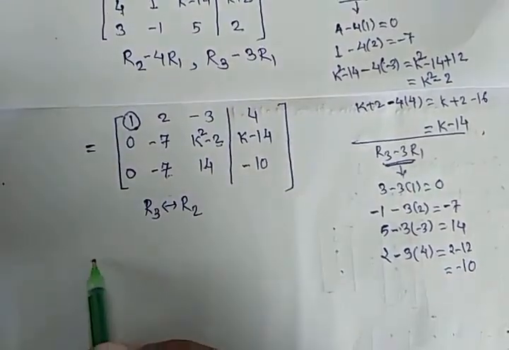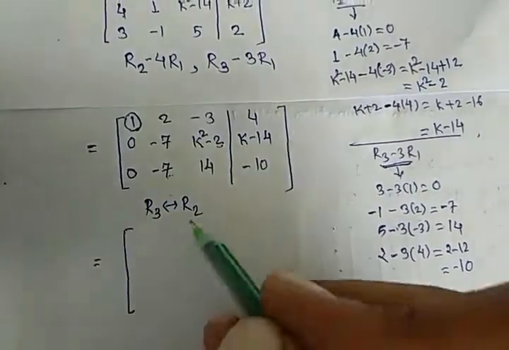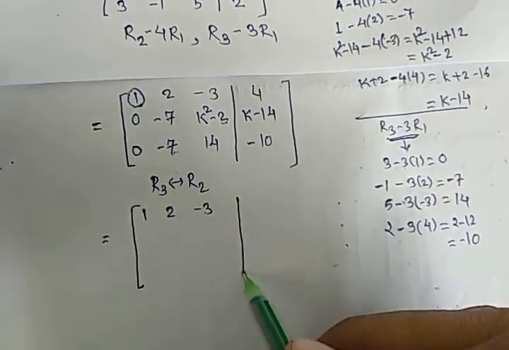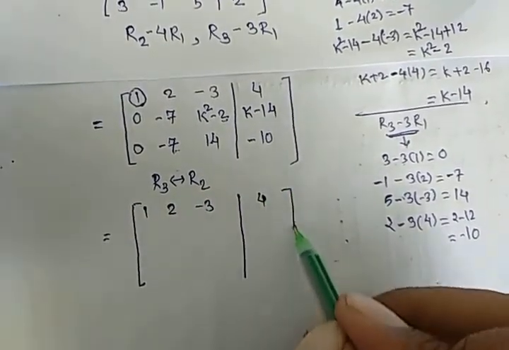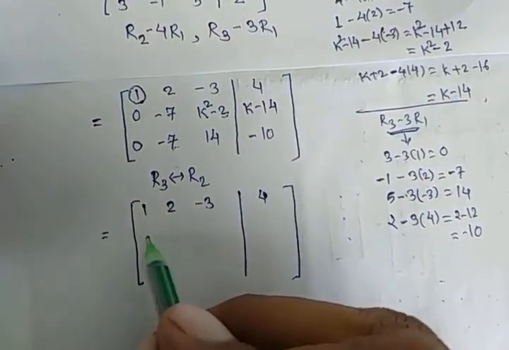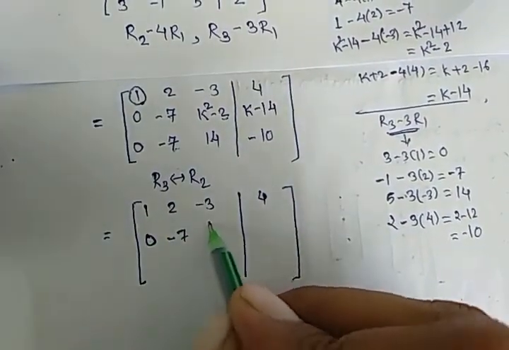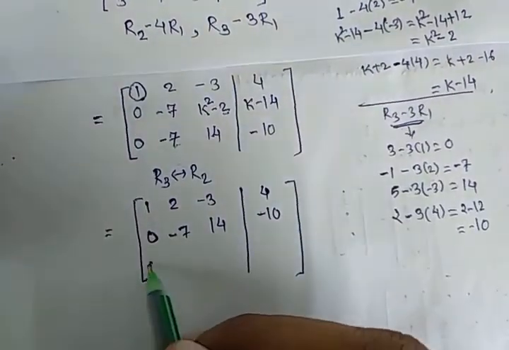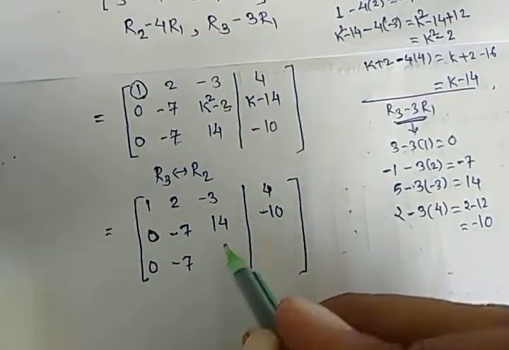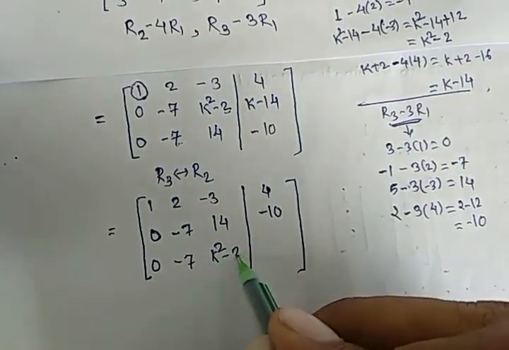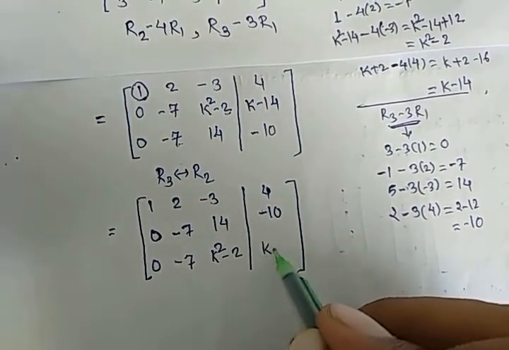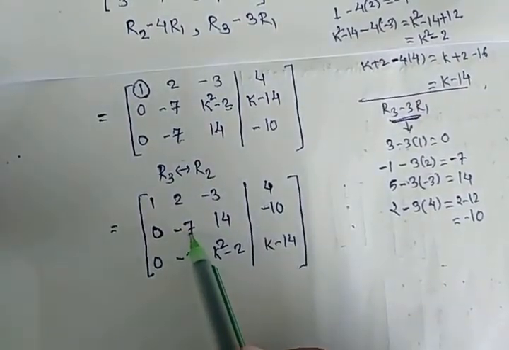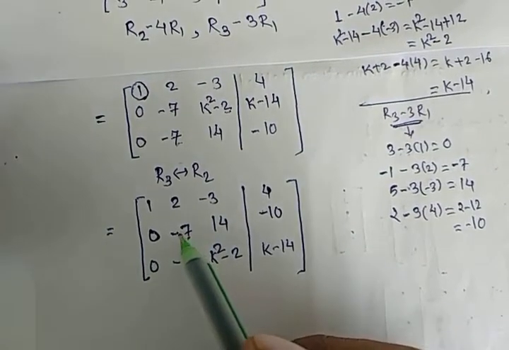So we get a matrix 1, 2, minus 3, 4, first row as it is, second row is 0, minus 7, 14, minus 10, and third row 0, minus 7, k square minus 2, and k minus 14.